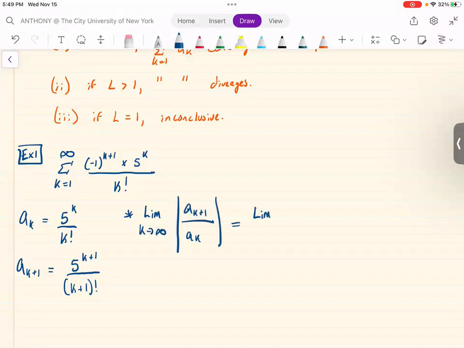You're going to get the limit as k approaches infinity of the numerator, 5 to the k plus 1 over k plus 1 factorial, and all of that is divided by the original sequence, 5 to the k divided by k factorial.